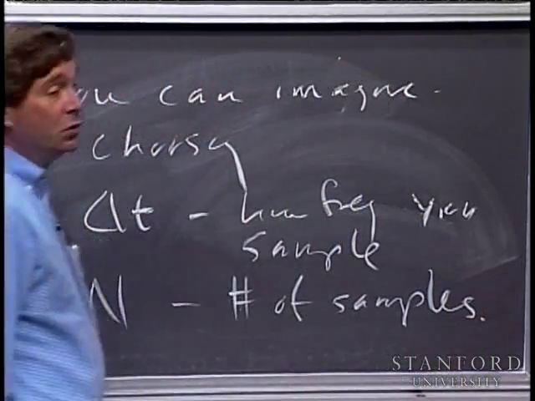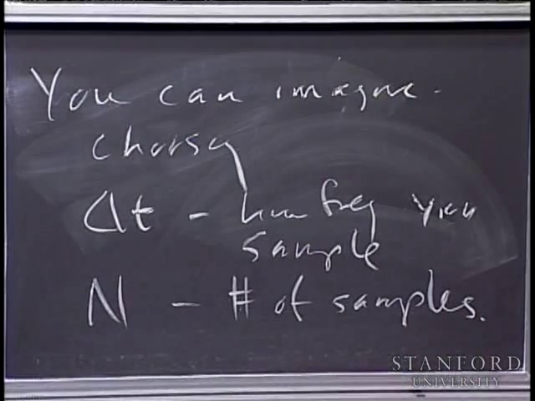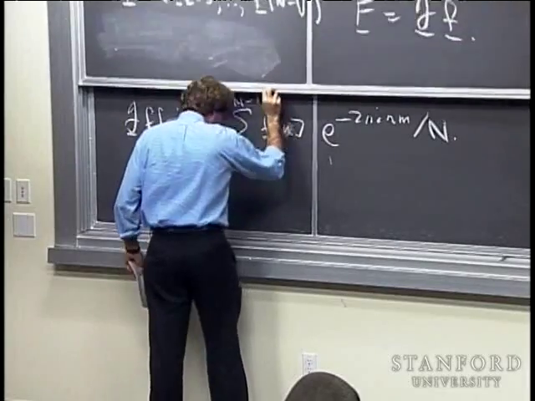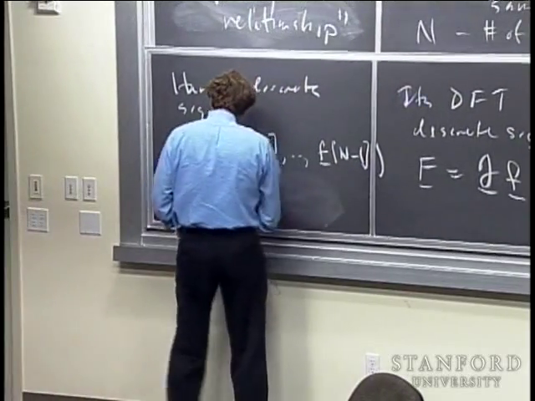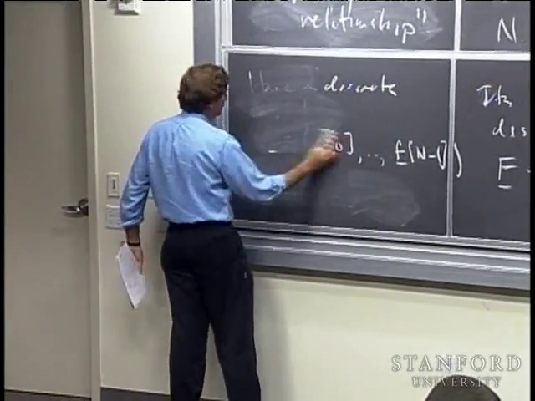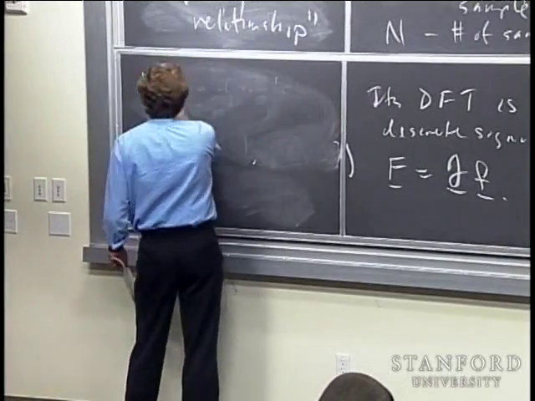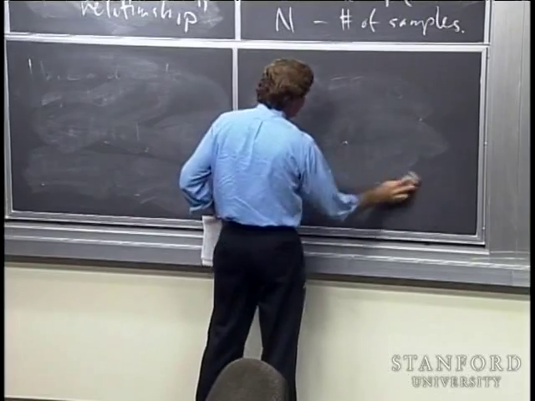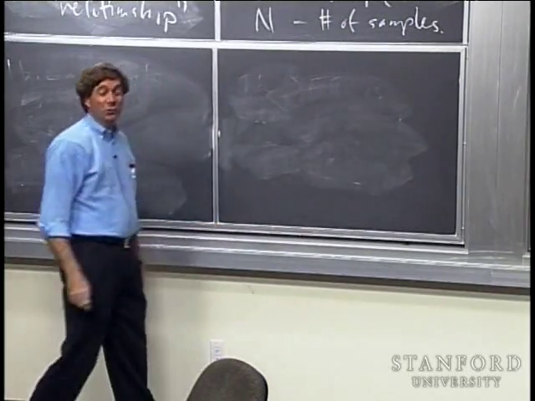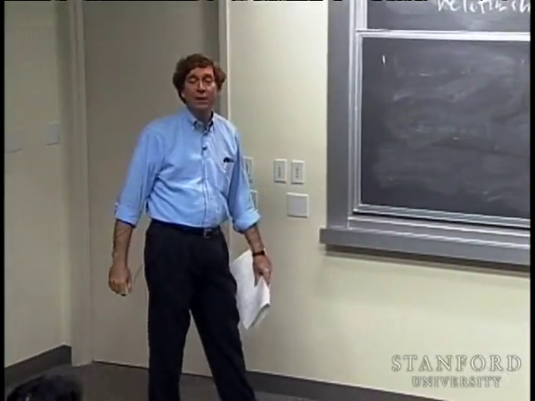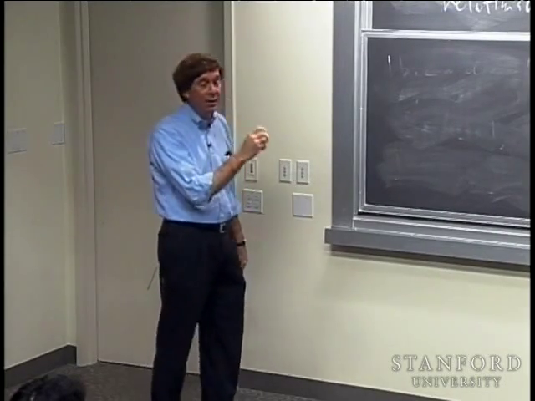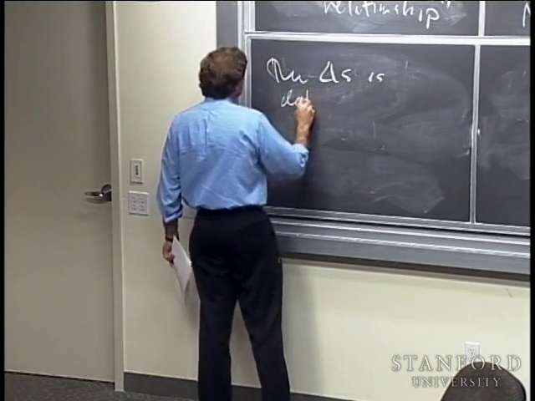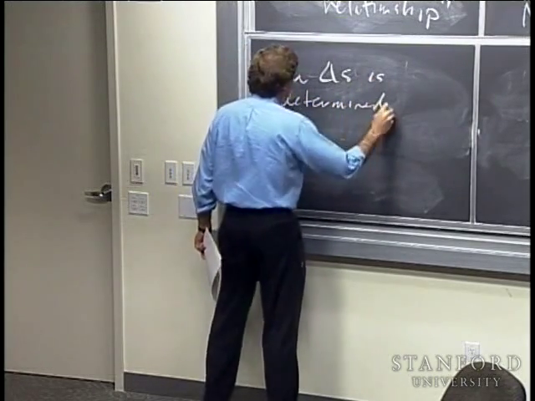And once you do that, then delta s is fixed. Then delta s is determined. The spacing in the frequency domain is determined. That is to say, maybe one way of putting this is the accuracy, or how fine the resolution is in frequency, is fixed by the choices you make in time.